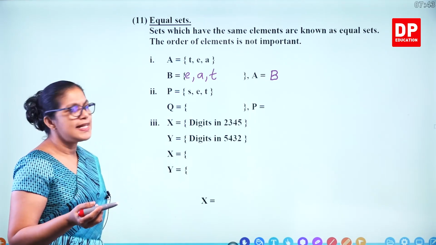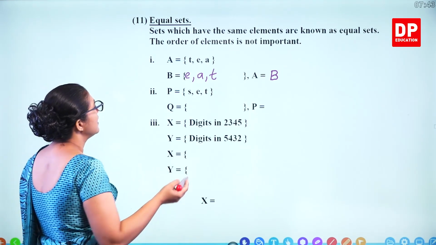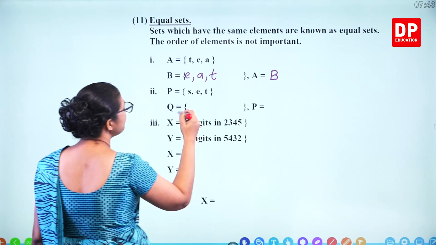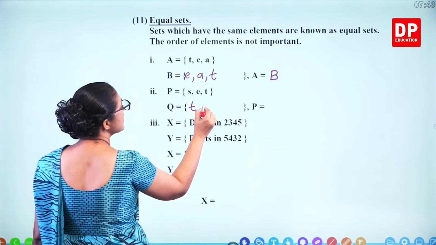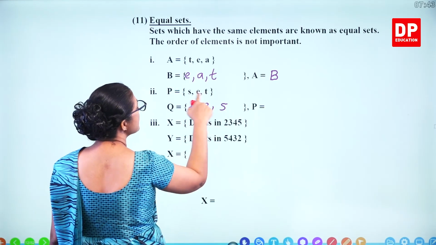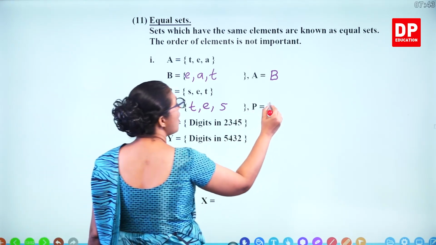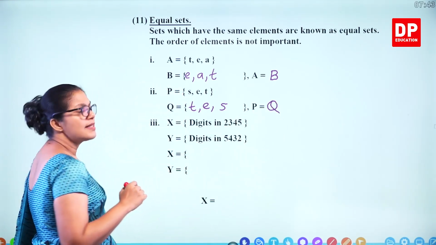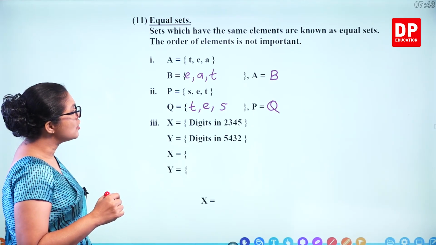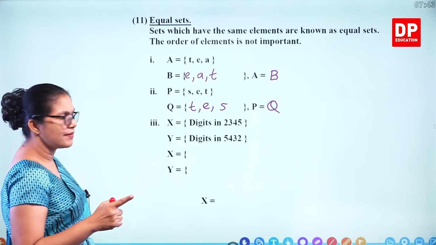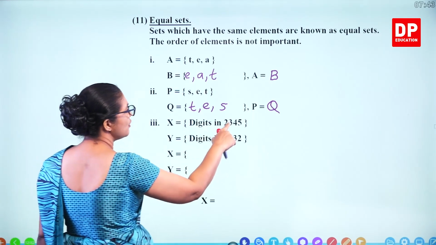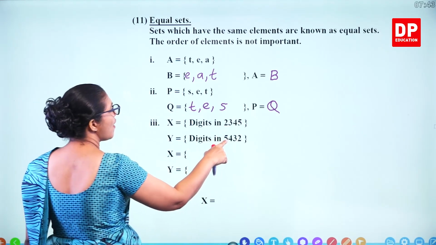P is SET, set. So we can write TES. All three letters are there, elements. So we can say P and Q are equal sets. Digits in 2, 3, 4, 5. So 2, 3, 4, 5. Digits in 4, 5, 3, 2.